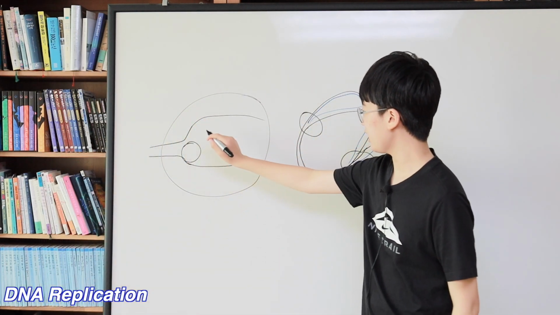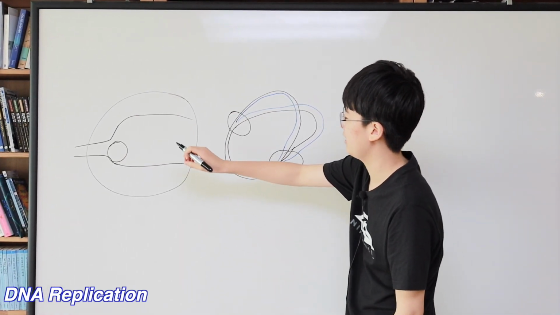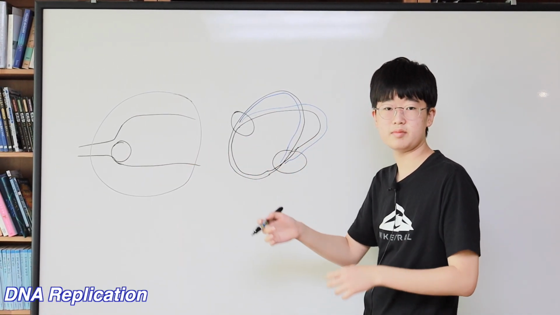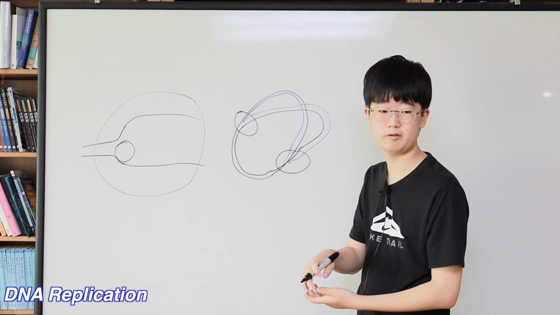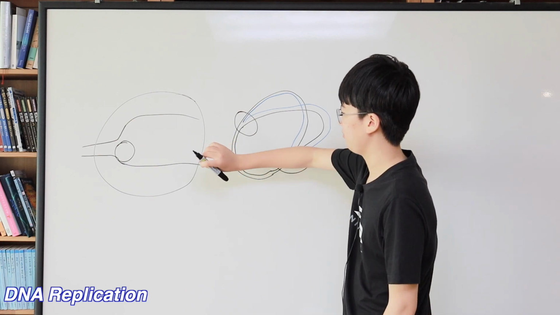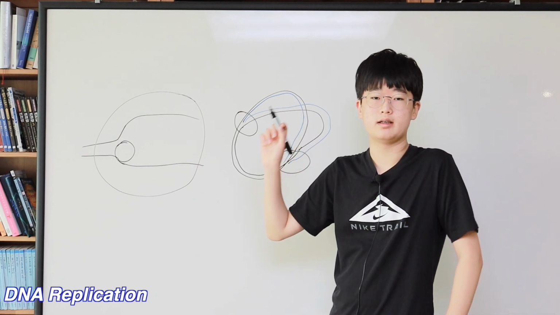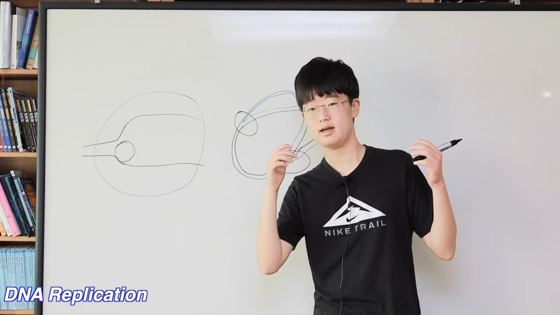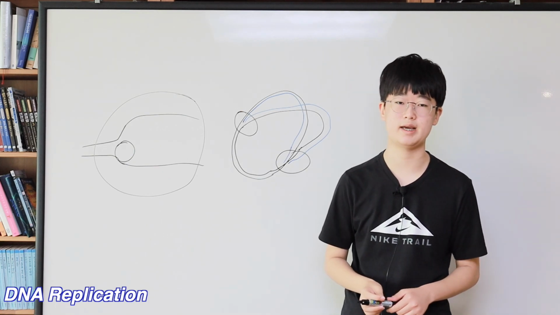So the enzyme that twists the DNA in the opposite direction from where it was originally twisted, and then opens up the DNA, is called helicase. The helicase works at amazing speeds of 10,000 RPM.